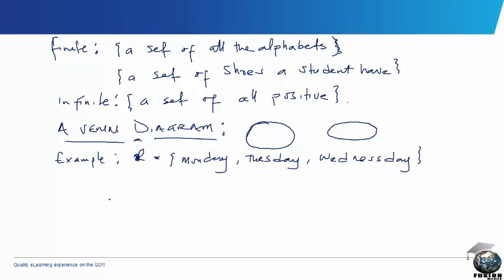Then we can represent the set R pictorially as shown below, so that you have Tuesday, Monday, and then Wednesday. This gives a pictorial depiction of the set R.